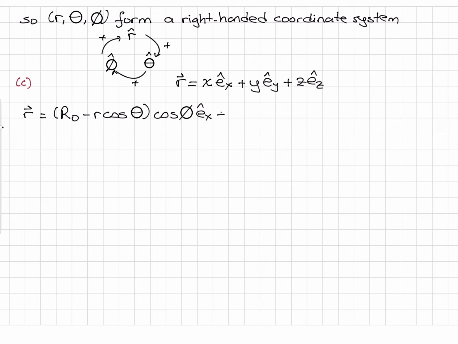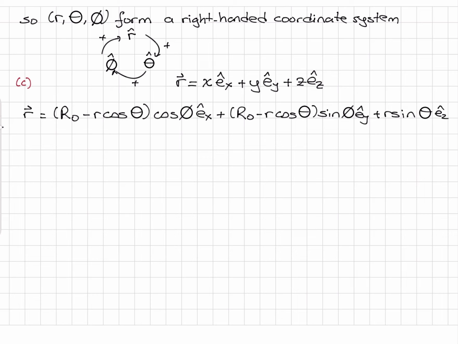And for y, I'm going to substitute (r0 minus r cosine theta) sine phi in the e_y hat direction. And for z, I'm going to substitute r sine theta, because theta is the angle with respect to the xy plane, in the e_z hat direction.